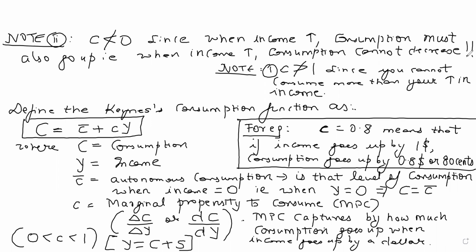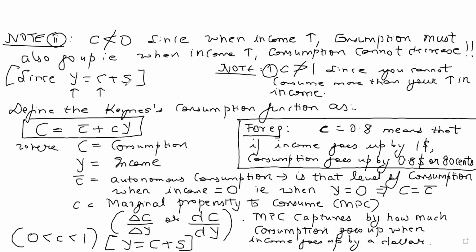When your income goes up, consumption will go up, because since income is equal to consumption plus savings, when income goes up, consumption must also go up. If I say that marginal propensity to consume is less than 0, I am saying that when income goes up, consumption is going down. That's not possible.